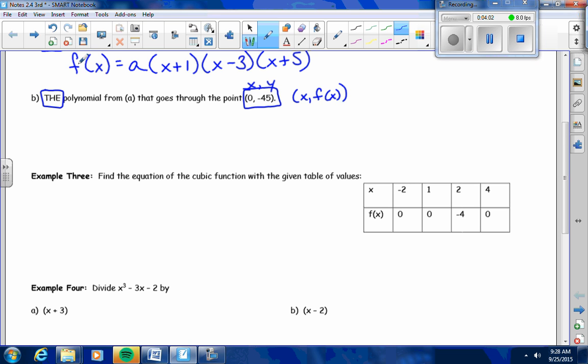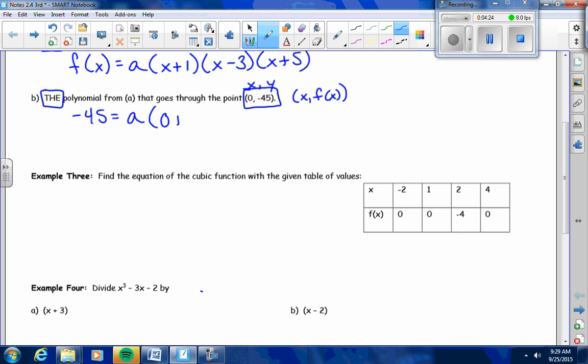So in place of f of x, I'm going to plug in -45 equals a, my leading coefficient, times, now in each of my factors, instead of putting down x, I'm plugging in the x value of 0 for that particular point.